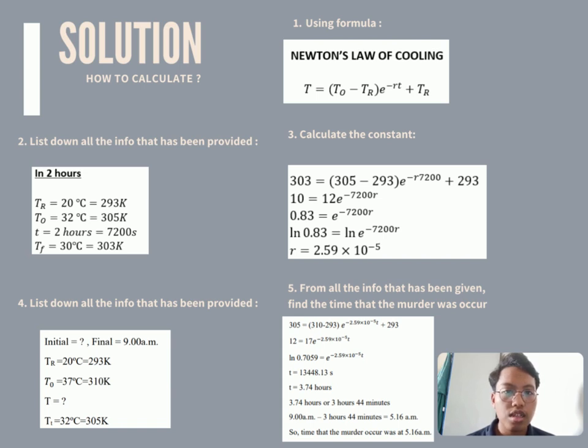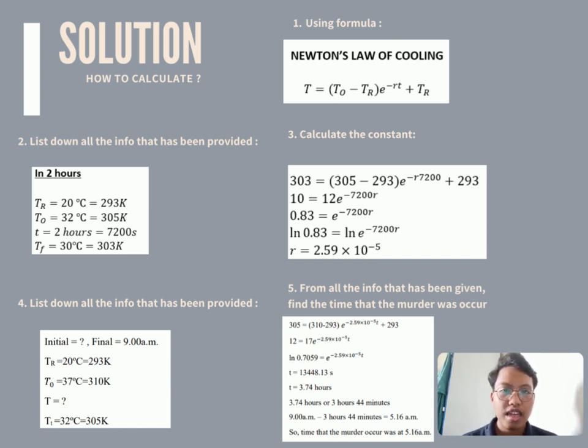Time is 2 hours, equal to 7,200 seconds, and final temperature is 30 degrees Celsius, equal to 303 Kelvin. So we insert the data in the formula, and we get the constant R equal to 2.59 exponent -5.